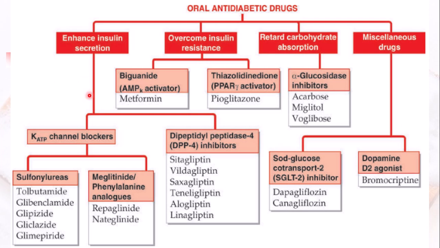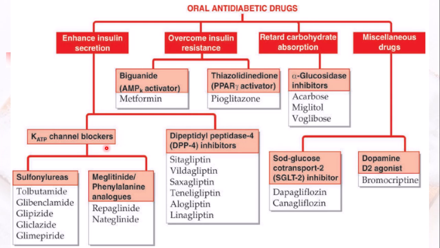But actually, the main insulin secretagogues are the ATP-dependent potassium channel blockers.